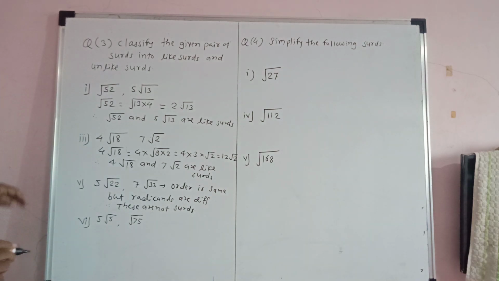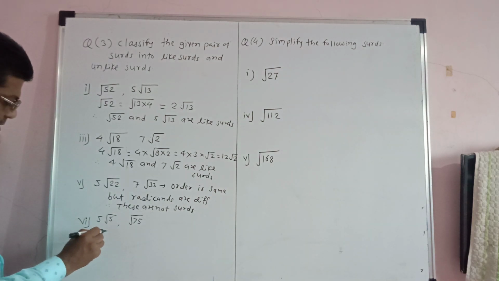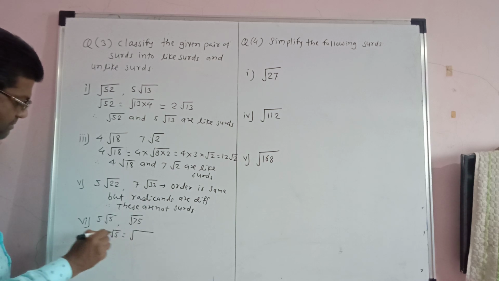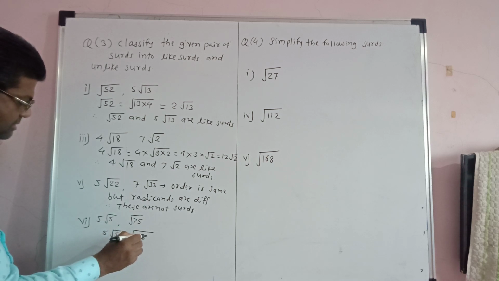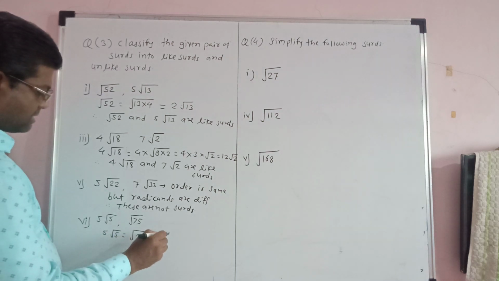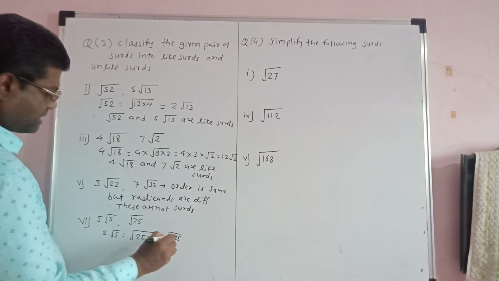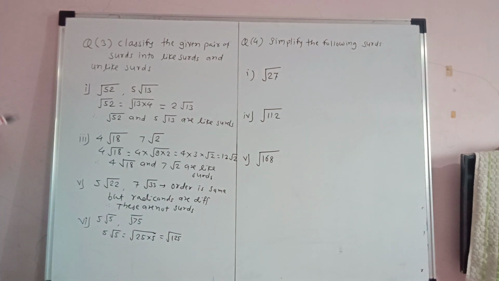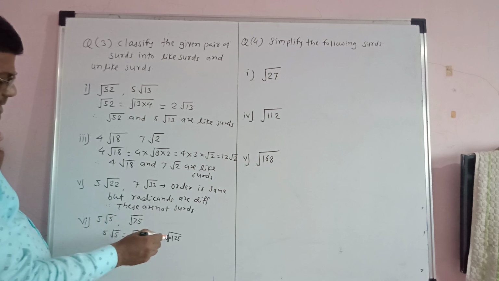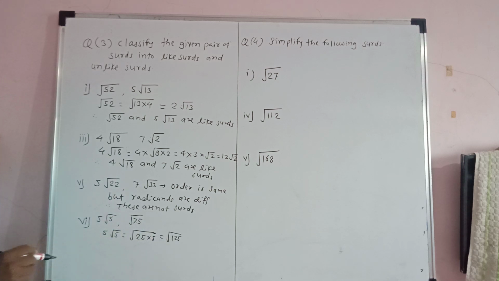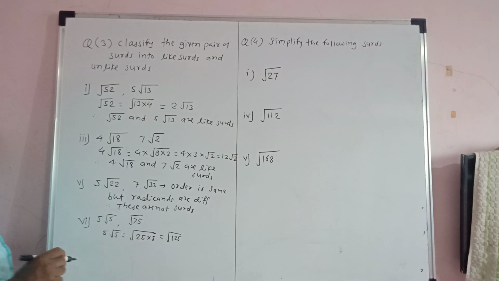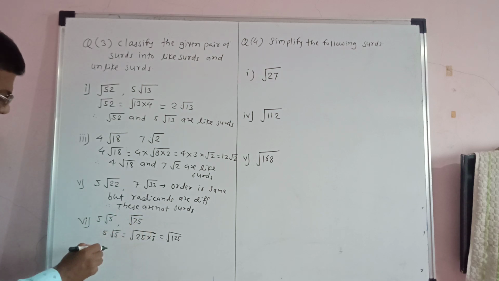Now let us see this. 5 root 5 can be written as square root of 25 into 5. This will be root 125. Now here the radicand is 75 and here it is 125. The radicands are different but the order is the same.